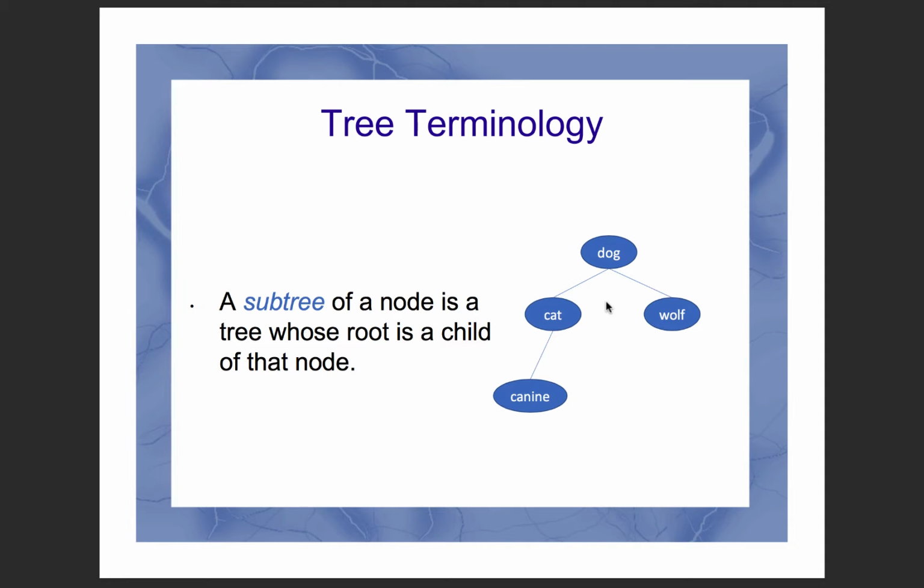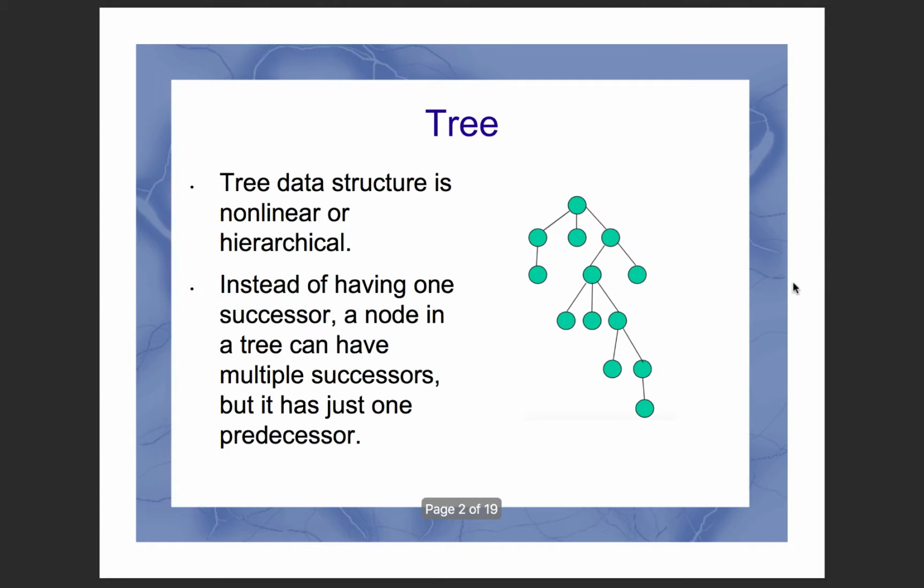If you go to our previous tree, for example, if you want to calculate the level of this node, you need to calculate the levels of all these nodes, then you can calculate this one. We know that the level of this node is 1, then the level of this node is 1 plus 1 equal to 2, then 1 plus 2 equal to 3, then 1 plus 3 equal to 4, then 1 plus 4 equal to 5, and the level of this node will be 1 plus 5 equal to 6.